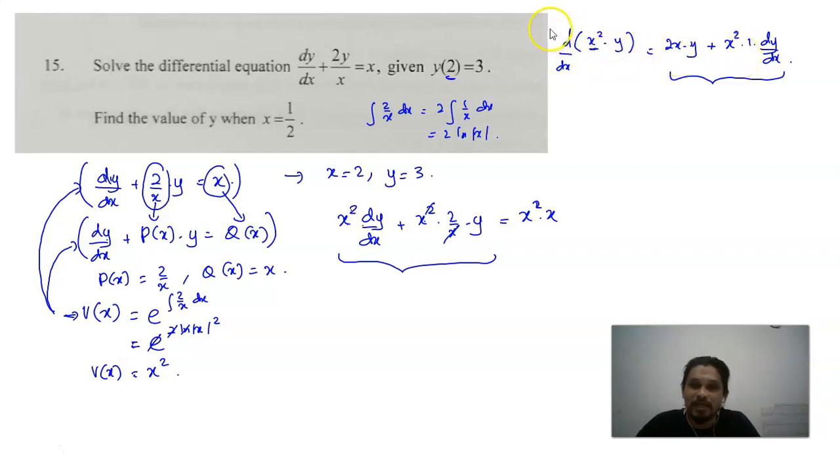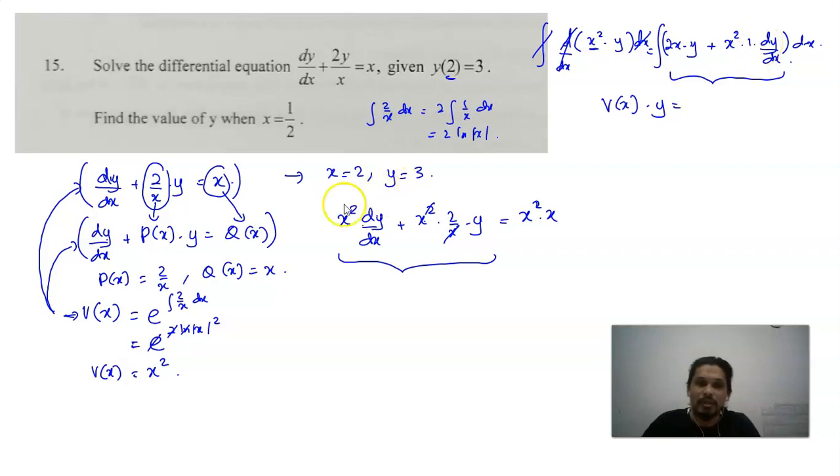So if we integrate this one with respect to x, we integrate everything here with respect to x. You see that it is what we call normal, because integral is antiderivative, so between derivative and antiderivative, it is v(x) times y, integral of this.